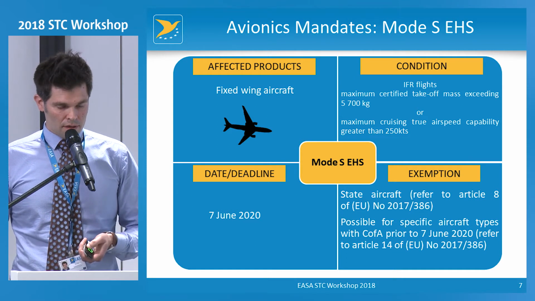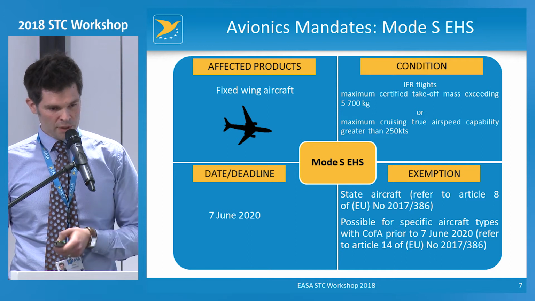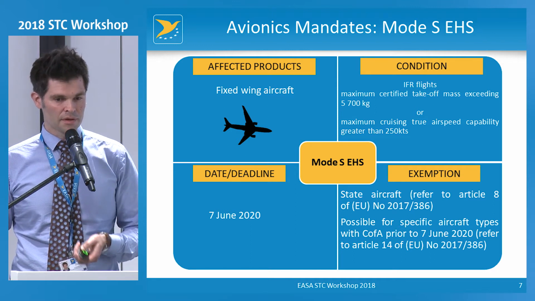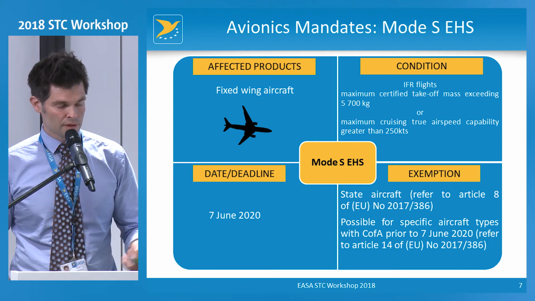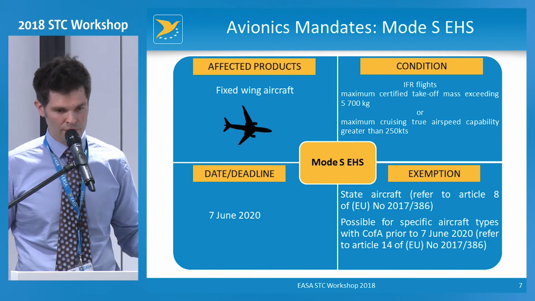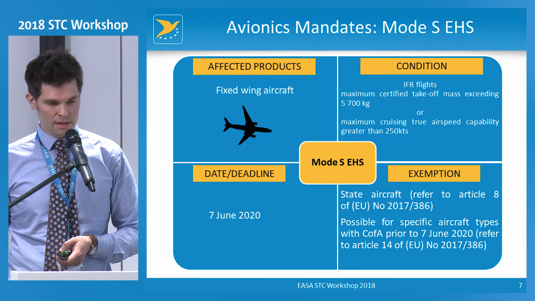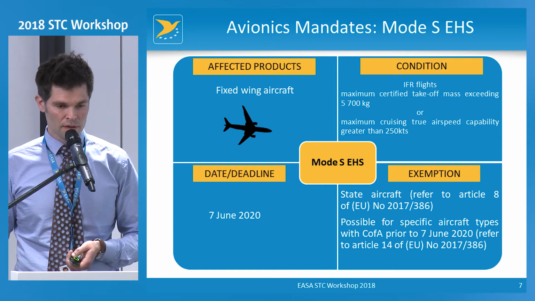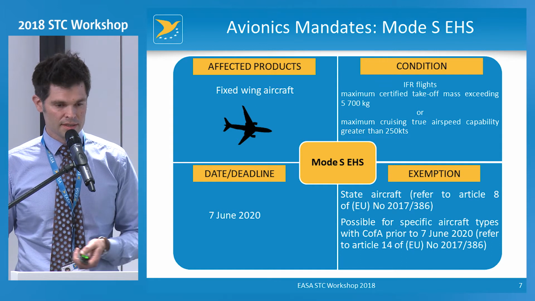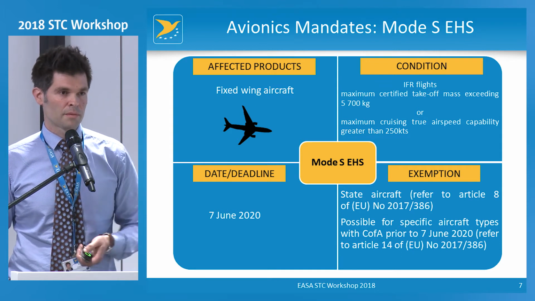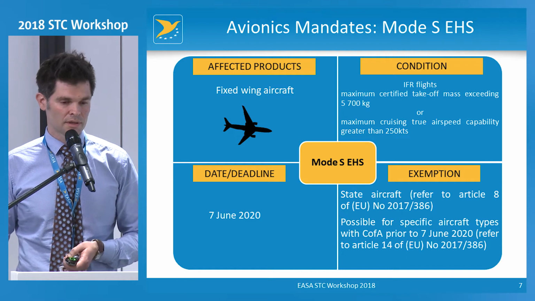And again, on Mode S transponder, you have for the fixed-wing aircraft, only fixed-wing aircraft, the enhanced surveillance with additional parameters as compared to the elementary surveillance that we have seen on the previous slide. This applies only to IFR flights and only to aircraft with a maximum takeoff mass exceeding 5,700 kg, or with a maximum true airspeed greater than 250 knots.